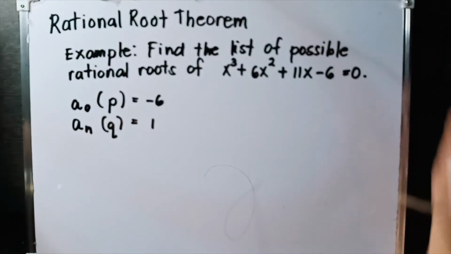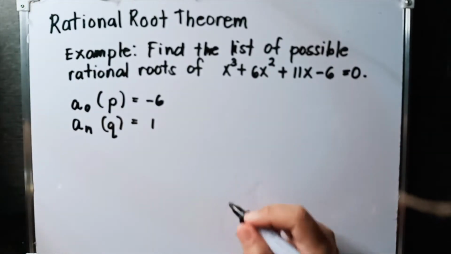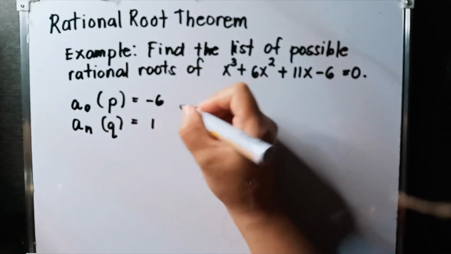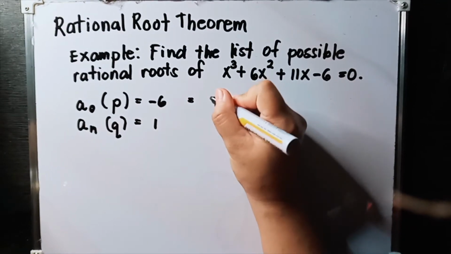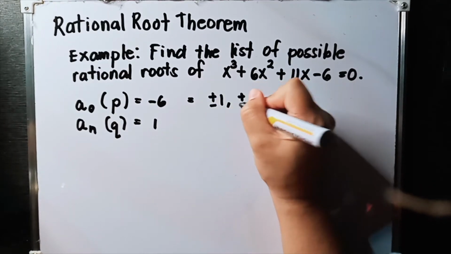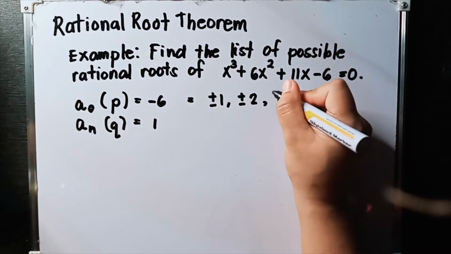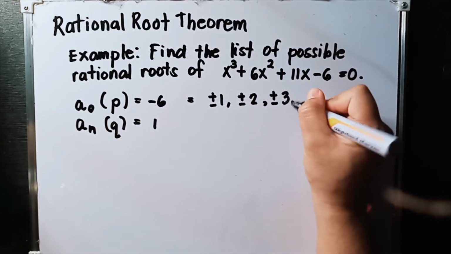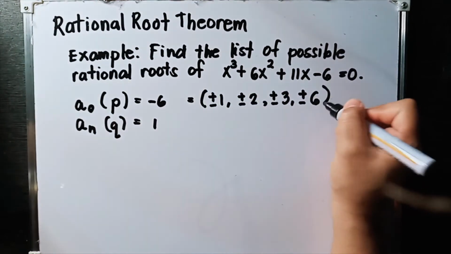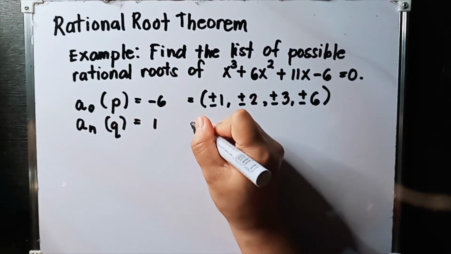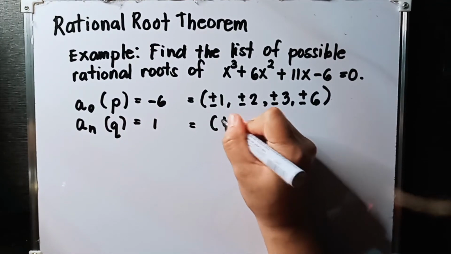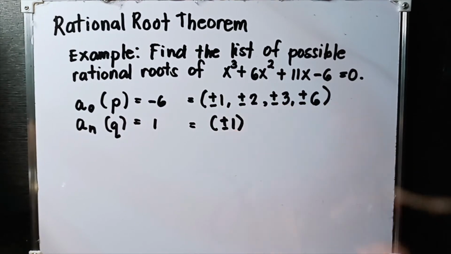And then, of course, we will list down the factors of negative 6. The factors are positive negative 1, positive negative 2, positive negative 3, positive negative 6. So these are the factors of 6 or negative 6. And the factors of 1 is of course positive negative 1.